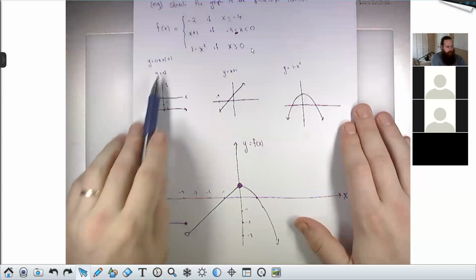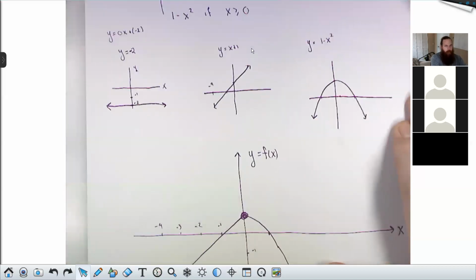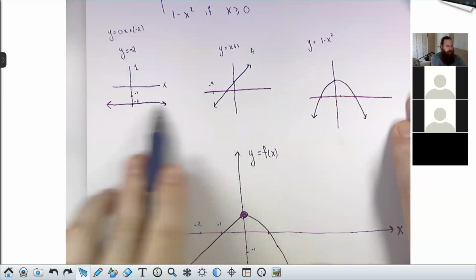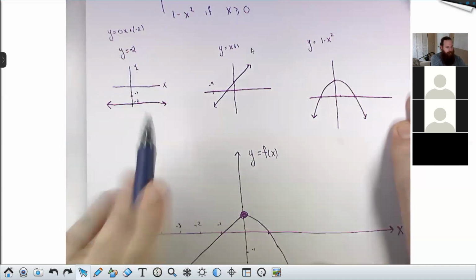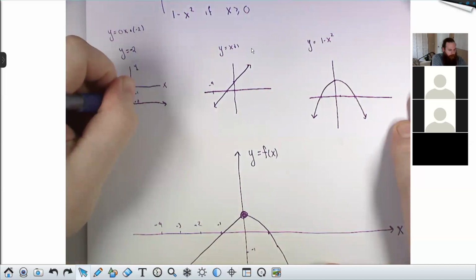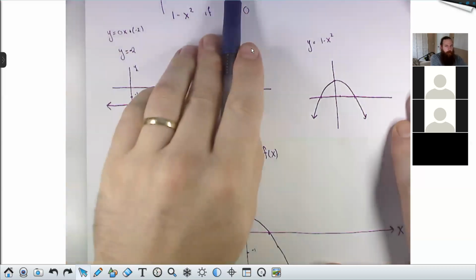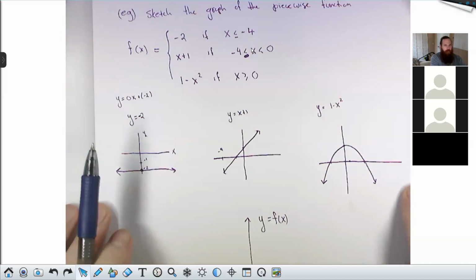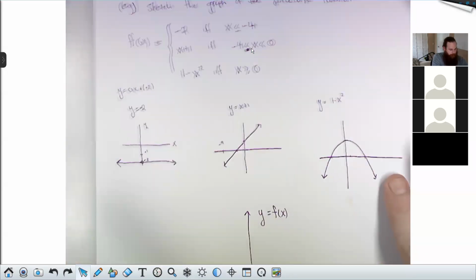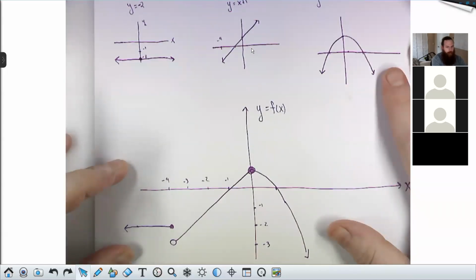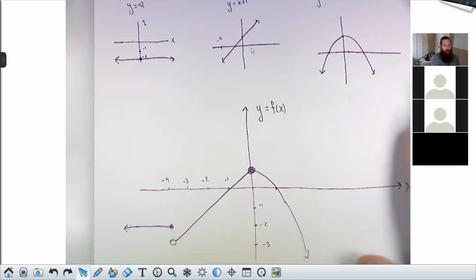You can think of it as a linear function whose slope is 0 and whose y-intercept is -2. So 0 slope means horizontal, and the y-intercept being -2 tells you it's got to go through this point. So it's got to be this line. But then I just take the part of it where the x values are less than -4. Oh, okay, now I see it. And that's the part that I bring down and make a part of my graph here. Yeah, thank you. Of course.